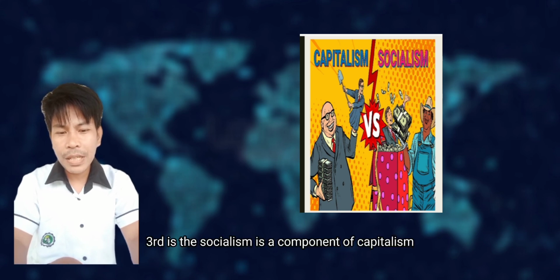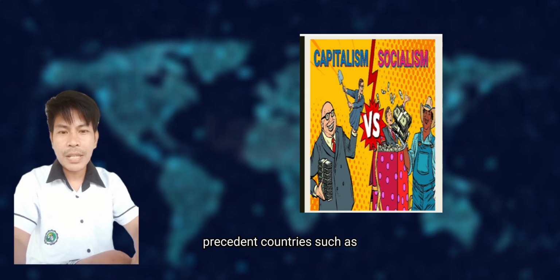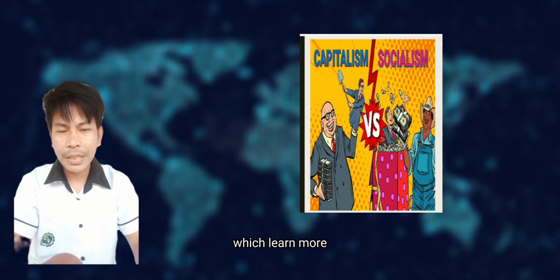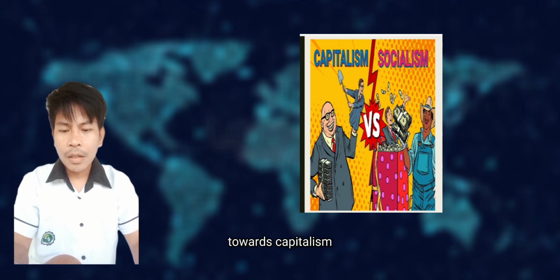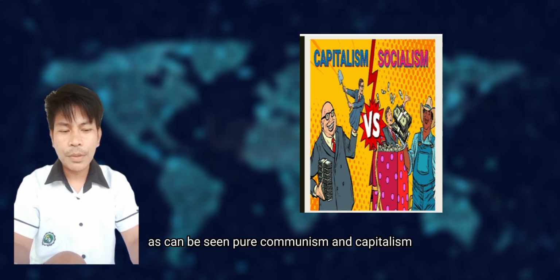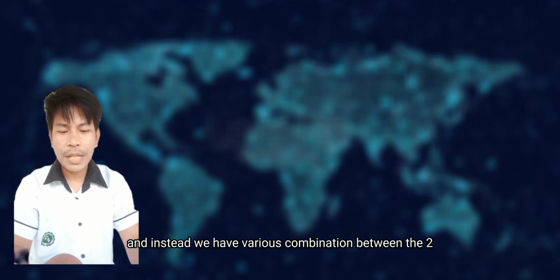Third is socialism as a component of capitalism, in countries such as the US or UK, which lean more towards capitalism but still have state-funded social programs. As can be seen, there is no pure communism or capitalism at this point, and instead we have various combinations between the two.